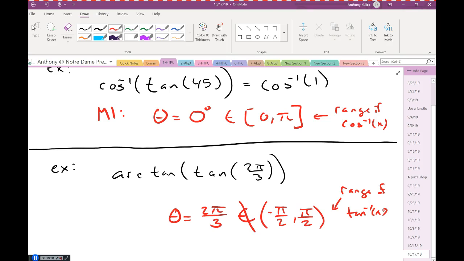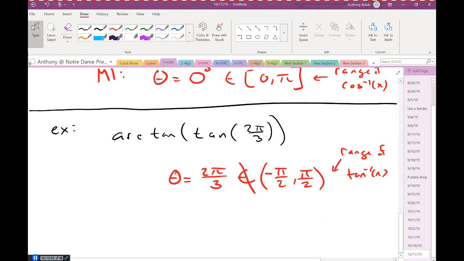Everybody okay there? Well, it's not inside of that set, right? All of our answers should come inside of that range of values. Well, no, now we have to adjust that answer. Well, let's see what happens if we subtract. We certainly wouldn't want to add 2 pi, because we're already bigger than the upper bound.